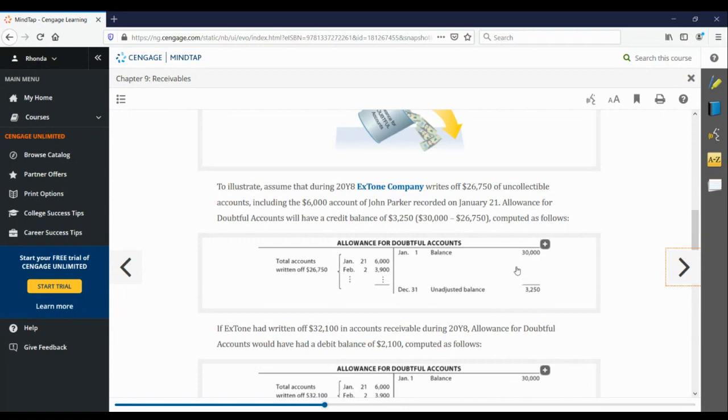Let me emphasize to you how they got that. They had an original balance that they estimated at the end of the last period in the adjusting entry that they made. They said that they estimated a total amount will become uncollectible in the future. I'm going to go back for just a minute to show you where that $30,000 balance came from.